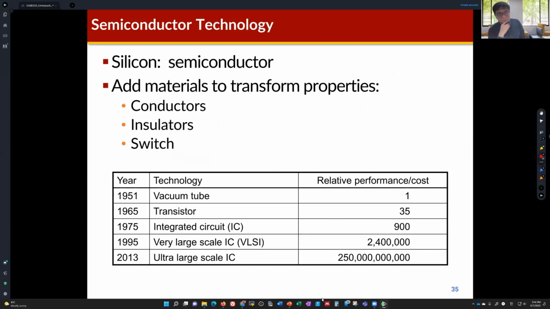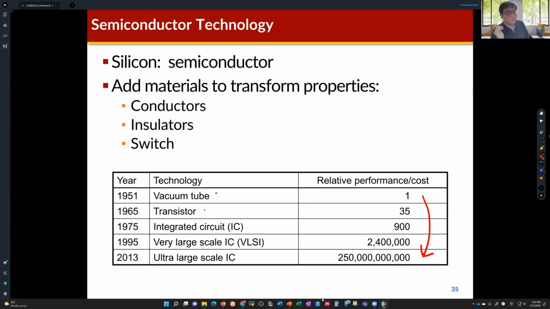So as you can see, this is some advanced history of the semiconductor. Actually the first electronic device is the vacuum tube, and it was invented in 1951, and then transistors were invented. As you can see, we can compare the relative performance per cost.